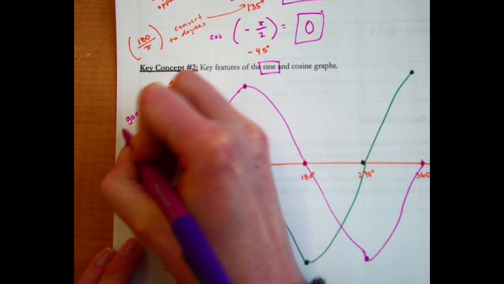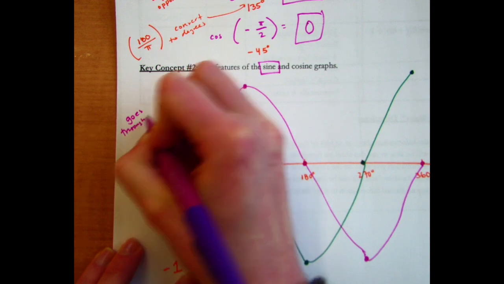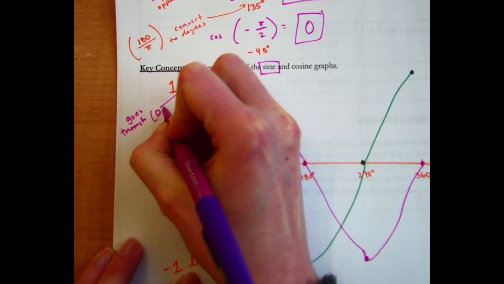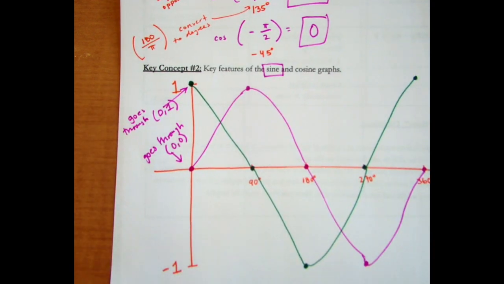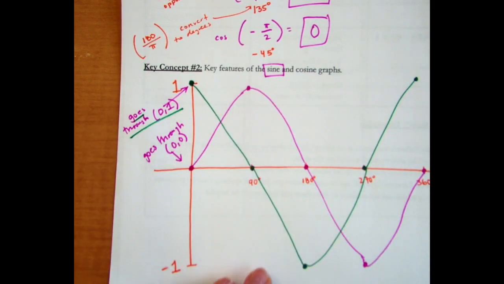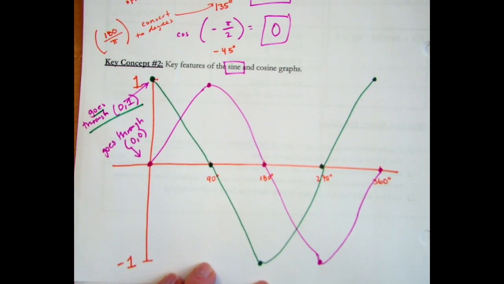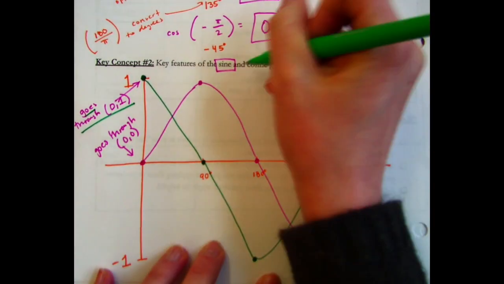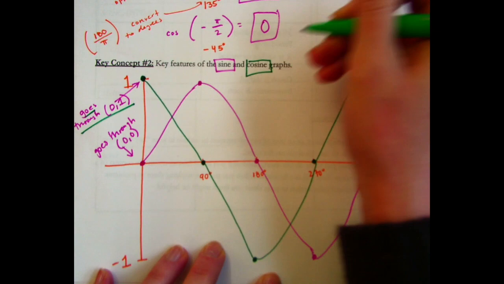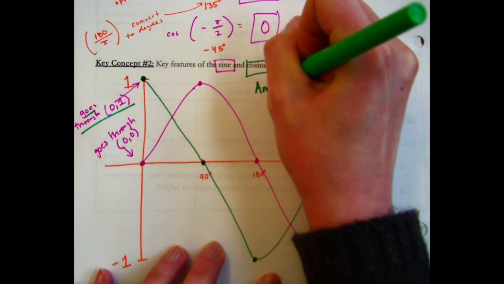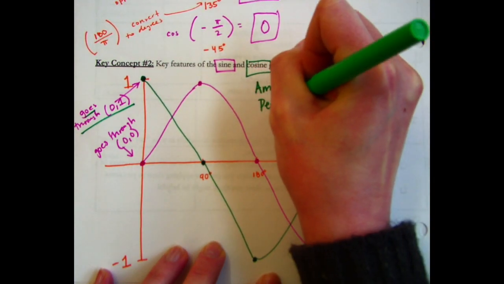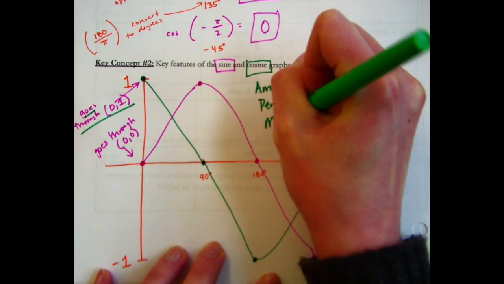All right, the last key thing to know about these two functions, sine and cosine, is they both have the same amplitude, period, and midline. So let's go through and quickly identify the amplitude, period, and midline of these two functions. For both of them, they have a midline at 0.